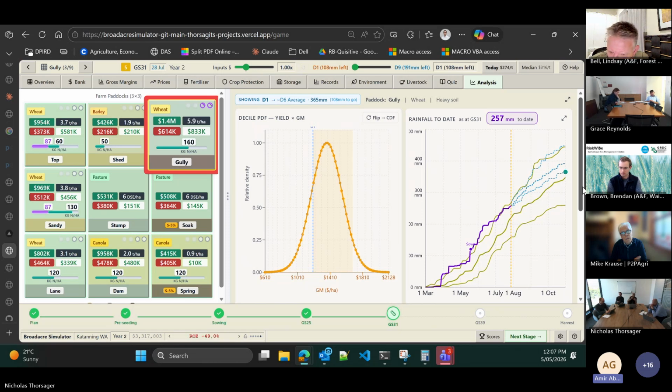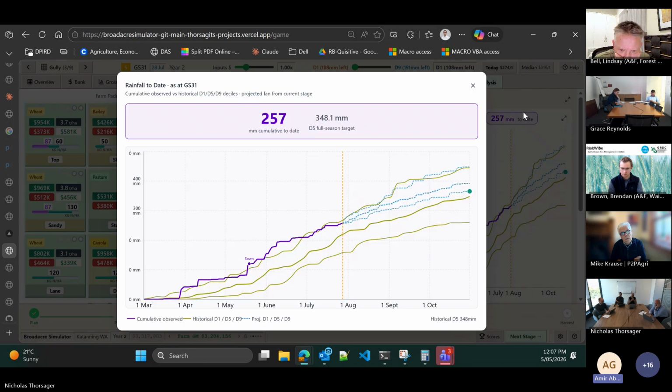So the green lines, on the right-hand side curve or chart, are the historical averages, just like you see in rainfall to date charts of this department. But the purple line is where the season is at now, and when did we sow the crop.